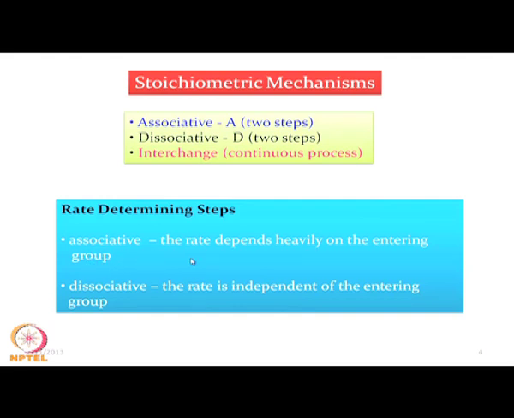So, if the rate of the reaction is dependent on the entering group, we can consider that the mechanism is associative in nature, and if it is dissociative, the rate of the reaction would be independent of the entering group, and we can have this reaction which is dissociative in nature.